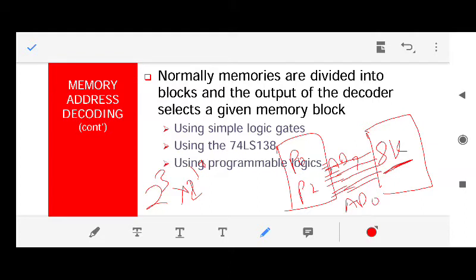How many remaining? 5 remaining. So 5 lines of port 2 would be connected to the address lines of this memory. This is 8051. Now how many remaining? Out of 8, 5 are engaged here, so 3 address lines are remaining.